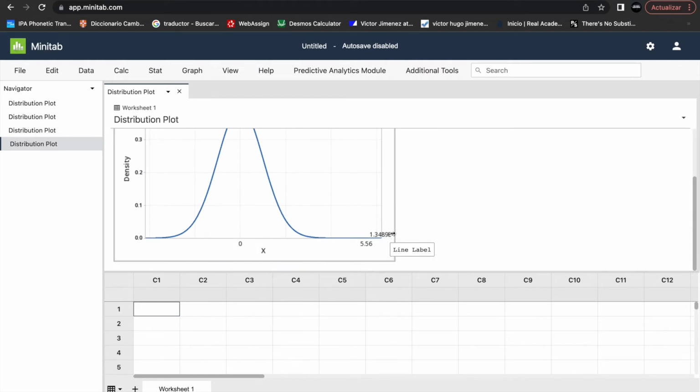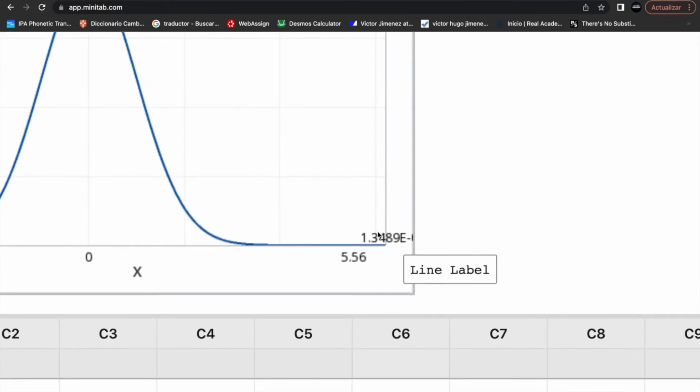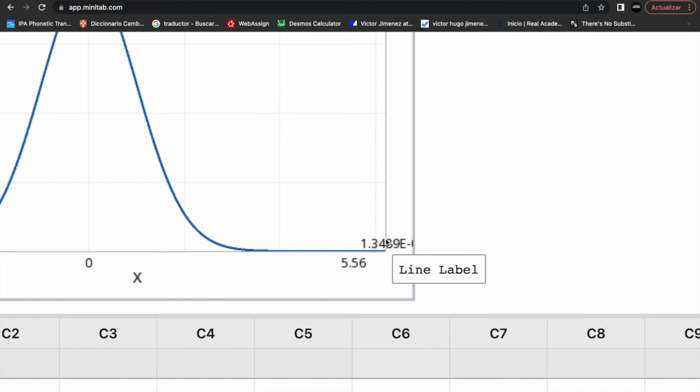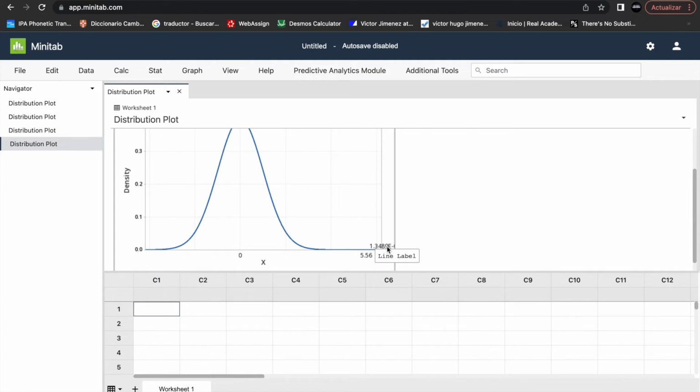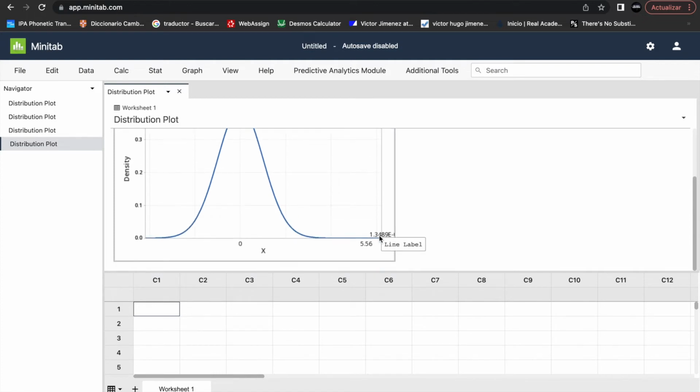And notice, I cannot even see the number. It is 1.3489 raised to the, oh my god, I cannot see it. Well, no problem. This indicates that the number is very, very close to 0. So I'm going to use the p-value as almost 0.